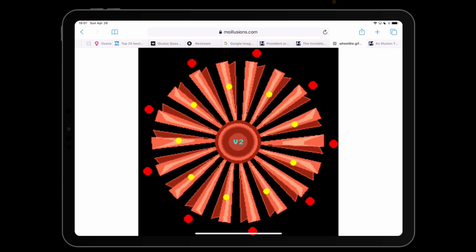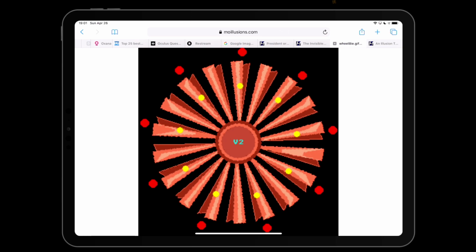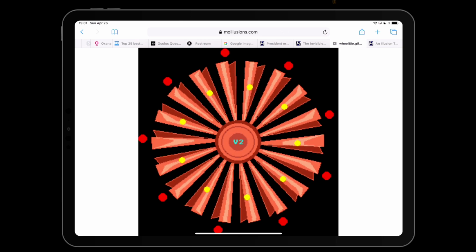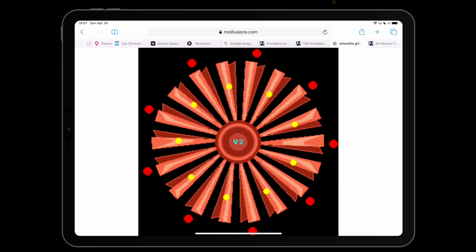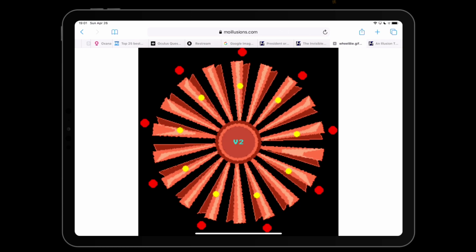When you focus on the red dots, the fan seems to spin a completely different direction. And again, it's still a fan. We're all looking at the same image, right? But because of what we're focused on, that's what's making the difference.